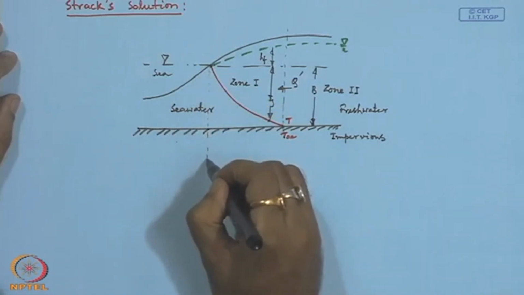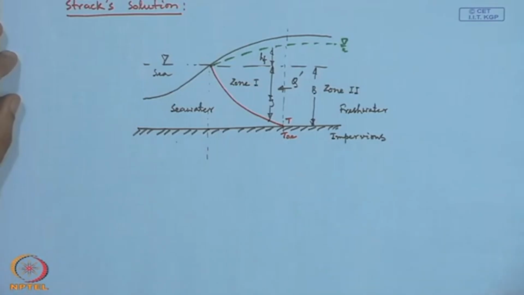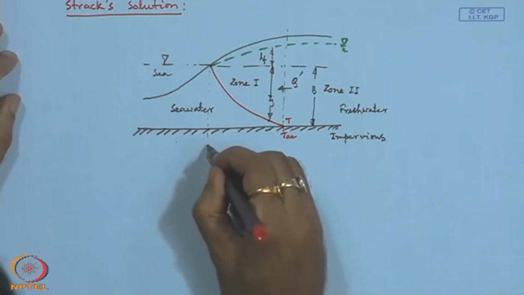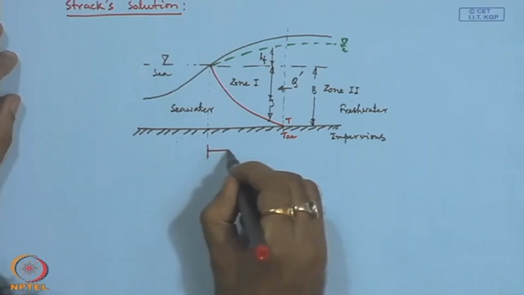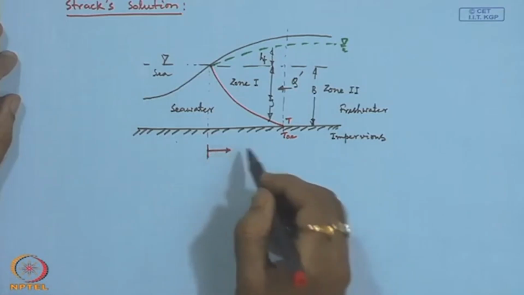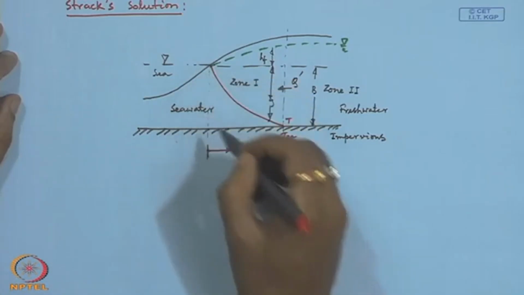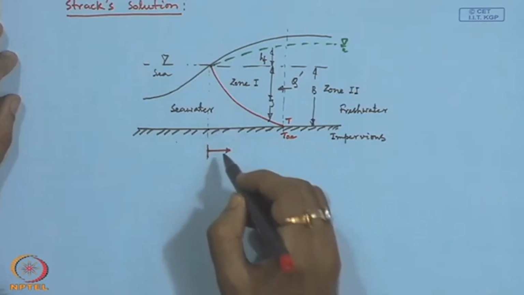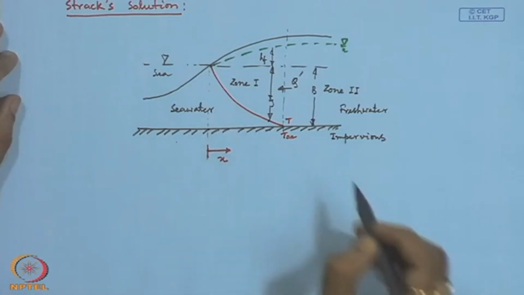In Strack's solution, the coordinate system is taken from left to right, and it starts at the beginning of the interface.